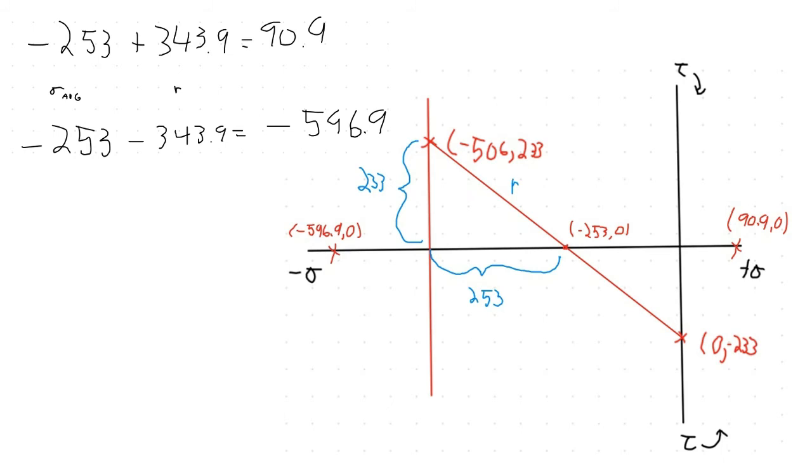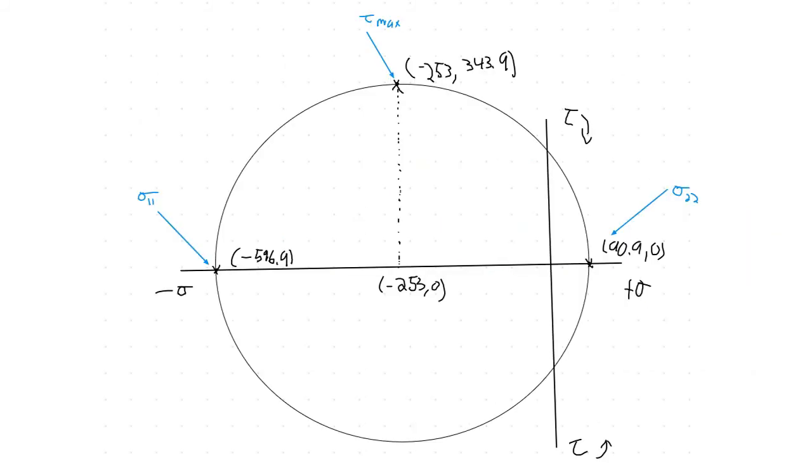We take our center point and add our radius to get 90.9, the point furthest right. And we also take our center point, negative 253, and subtract 343.9 to get our leftmost point, negative 596.9.